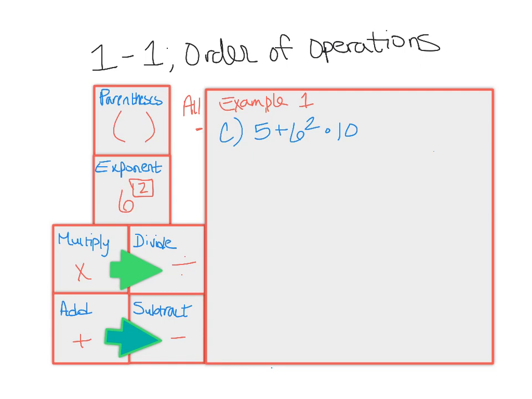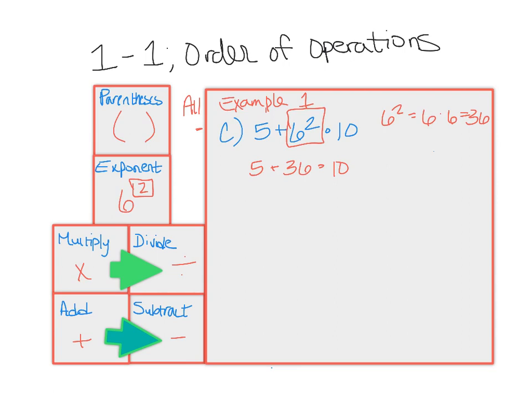Okay, this one doesn't have parentheses, but it has exponents. So I'm going to box the term with the exponent. Remember, 6 squared is like saying 6 times 6, and that equals 36. So I bring down 5 plus 36 times 10. Now I don't have any more exponents.